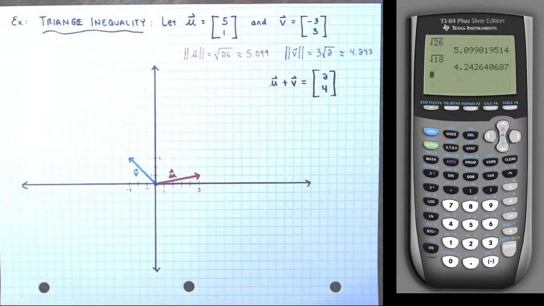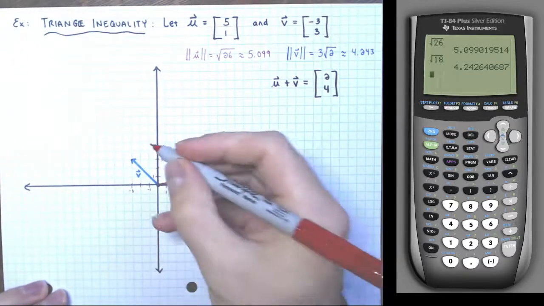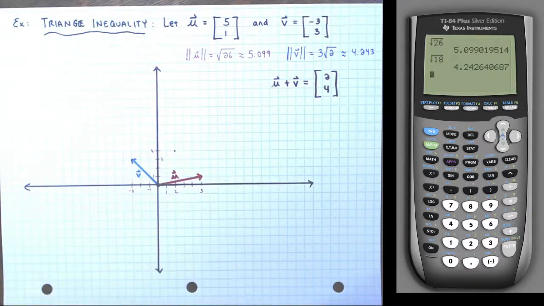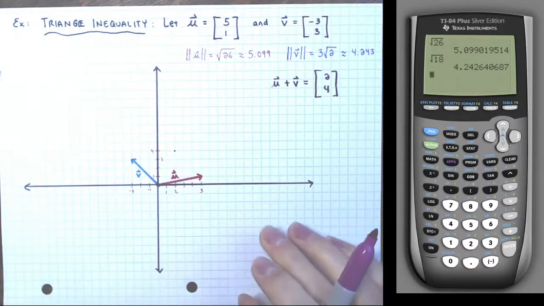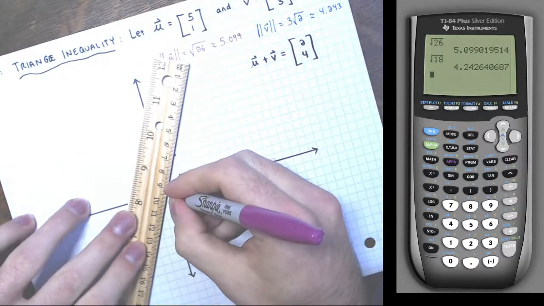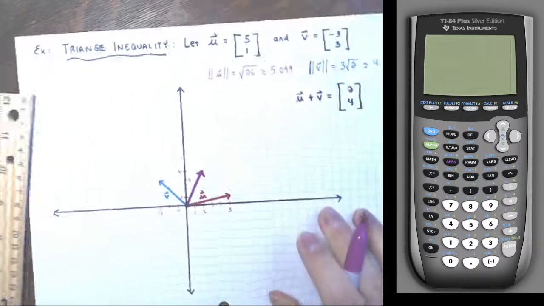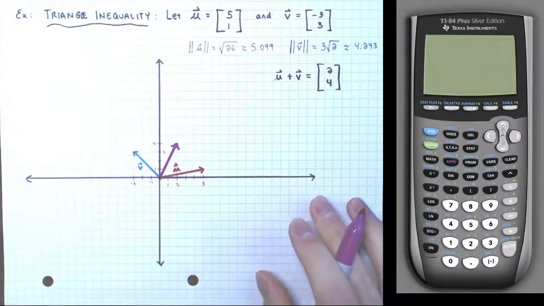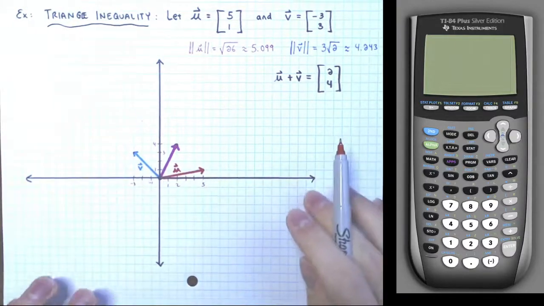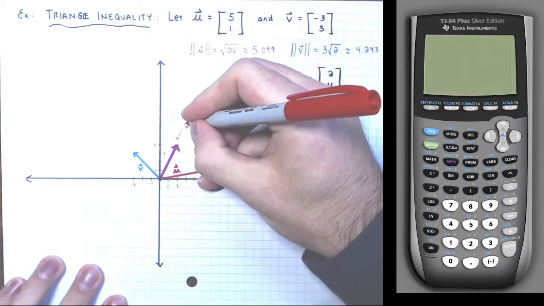From the origin, it's telling me go right 2 units, up 4 units. So I start at the origin and land at this point. Let's make this nice and straight. There we go. This is vector u plus v, 2 to the right, 4 up.